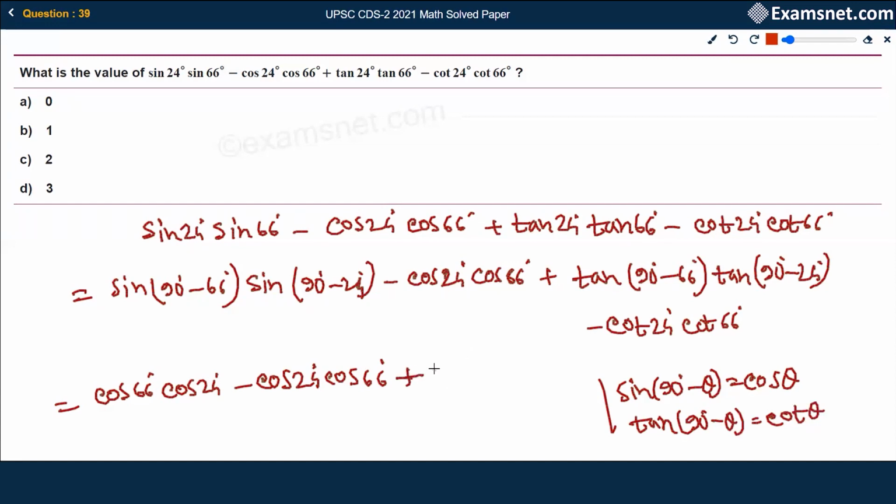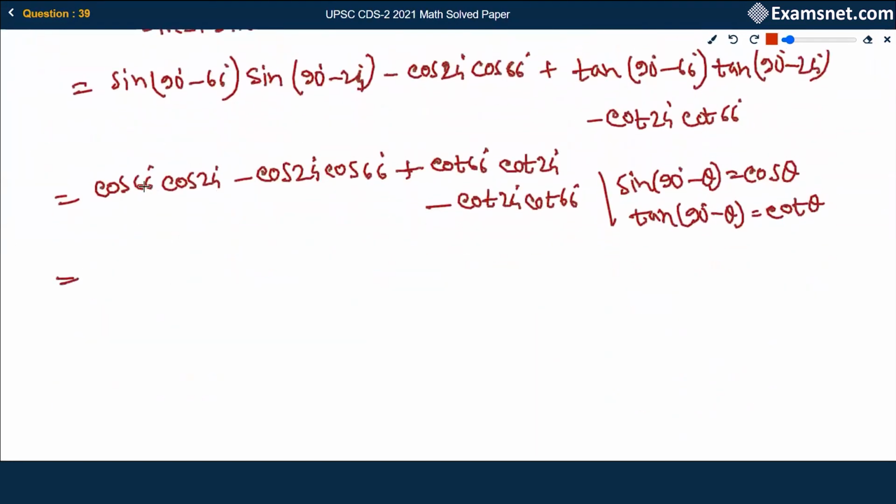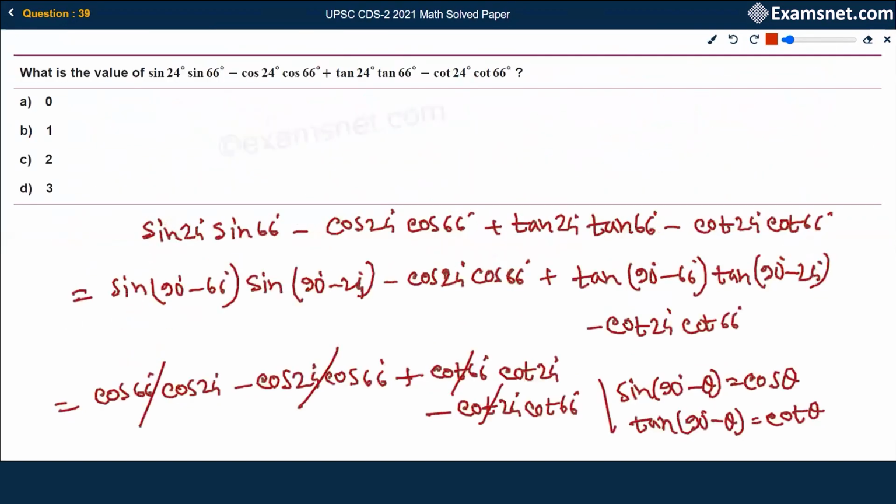So here cot 66 degree cot 24 degree minus cot 24 degree cot 66 degree. All these terms will get cancelled. We will be left with only 0. Here option A is the correct answer.